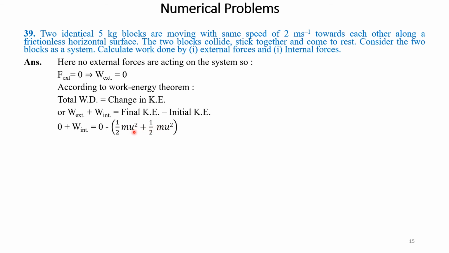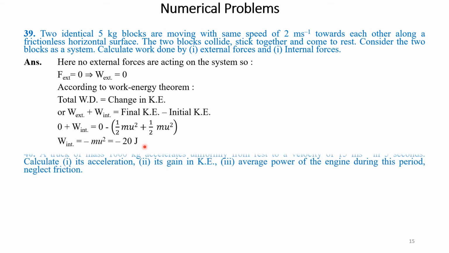Therefore, internal work done is equal to minus m u square. That is, half plus half becomes 1. So, minus m u square, that is equal to minus 20 joules.